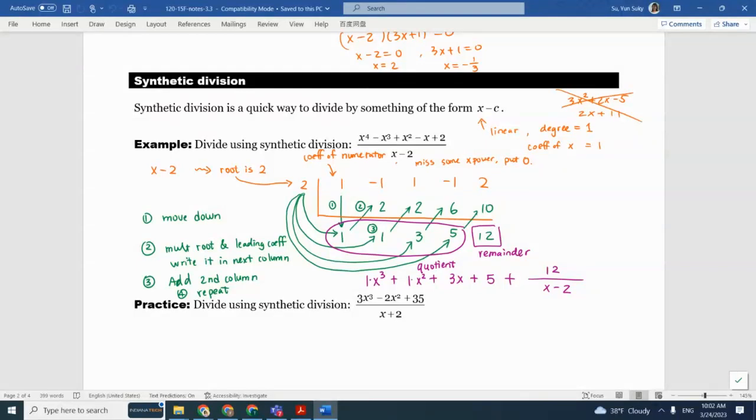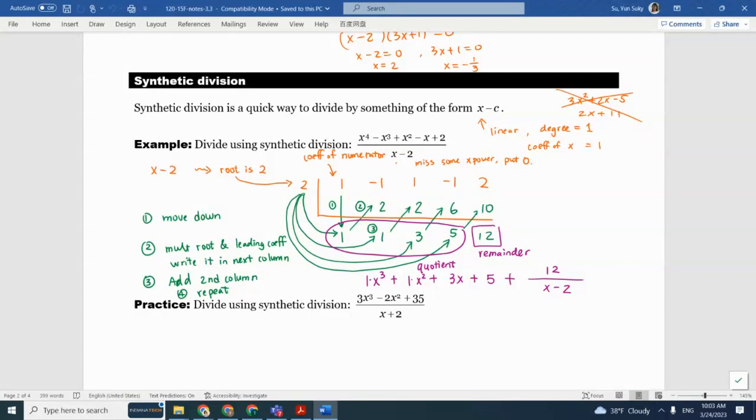If you see an x power is missing, you put a 0. The spot is really important. For example, if you don't have an x squared, then you imagine it's like 0x squared, then you put 0 right here. That is the first row.